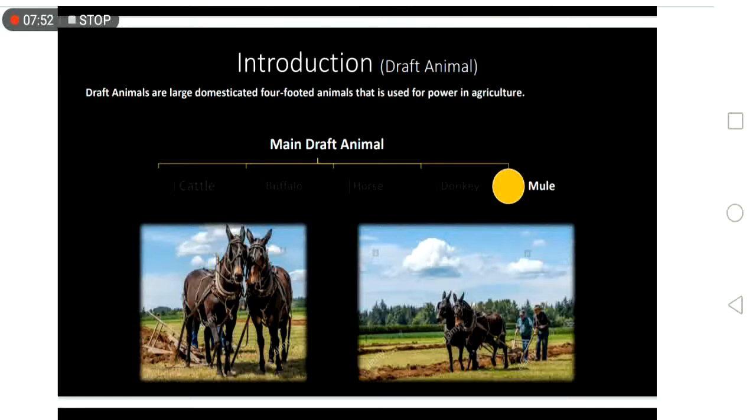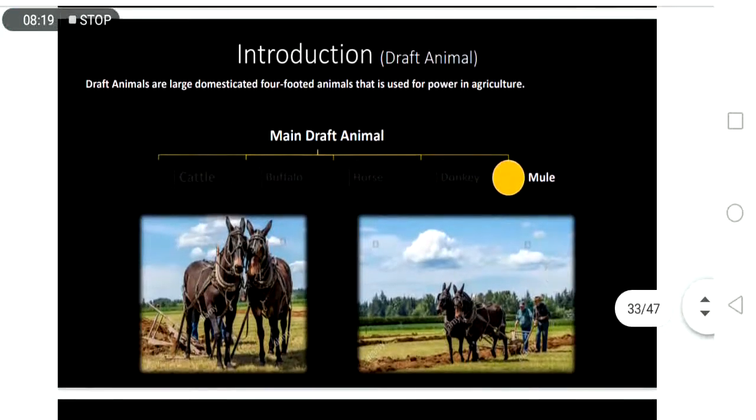They breed them, and the outcome is called a mule. Like the other draft animals, they are usually used during land preparation and in transportation.